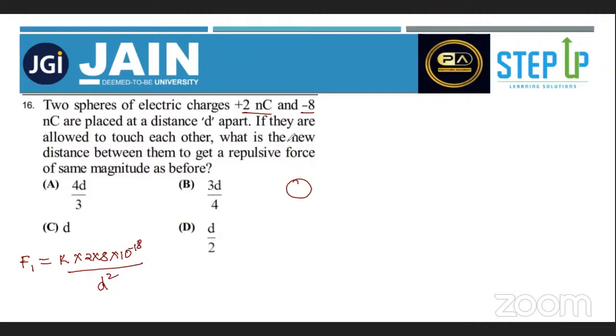Now, if they are allowed to touch each other, remember this becomes the case of conduction. When they come into contact, in totality it will be 2 and -8. This charge now behaves as one body, so the charge on that one body will be -6 nanocoulomb.